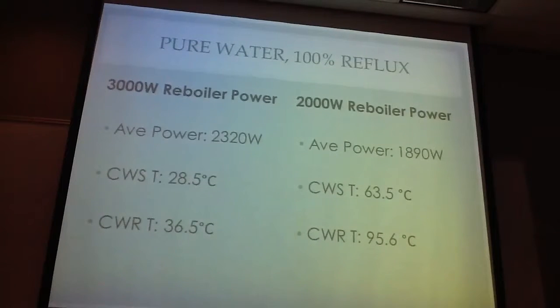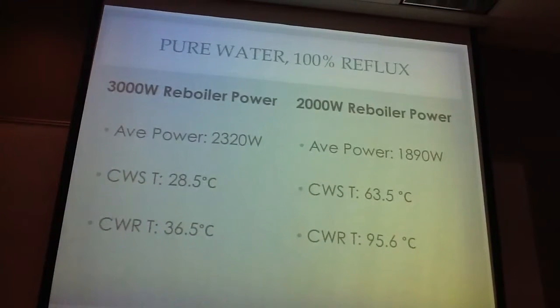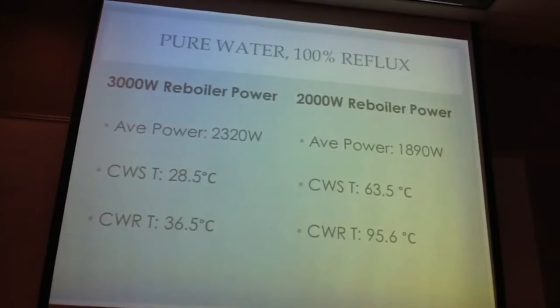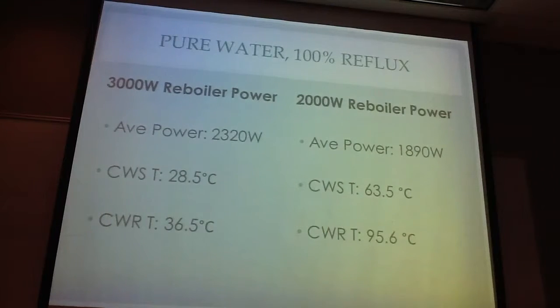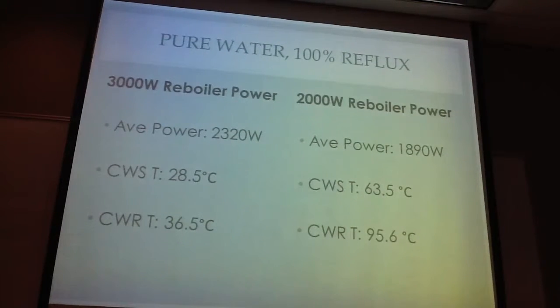On one side is one of the first really long runs we ran, and you see the cooling water source temperature doesn't vary much. It stays right about 28.5 degrees Celsius, with the return after it's run through the condenser at 36.5 degrees.